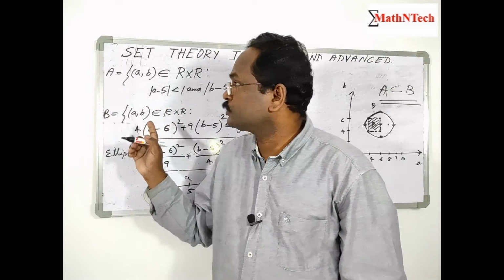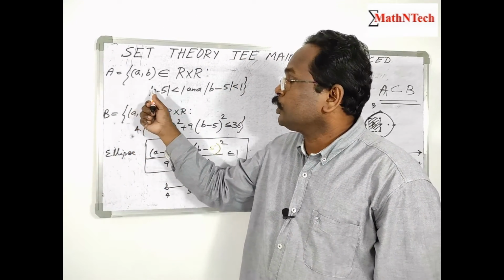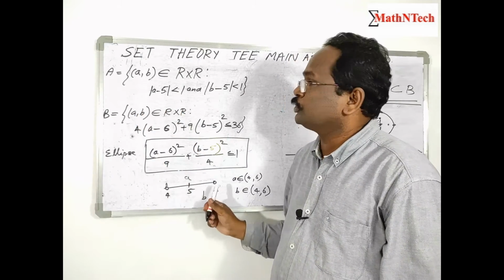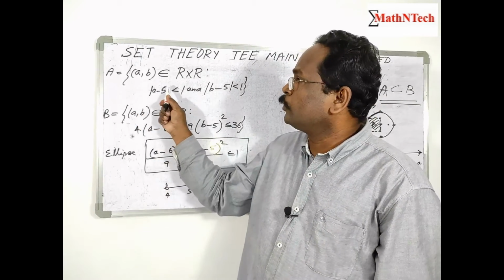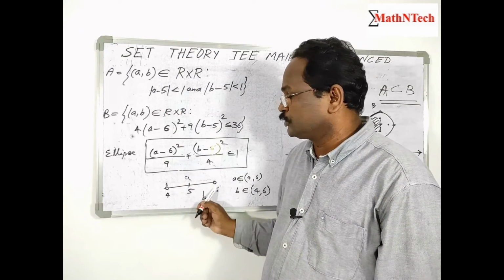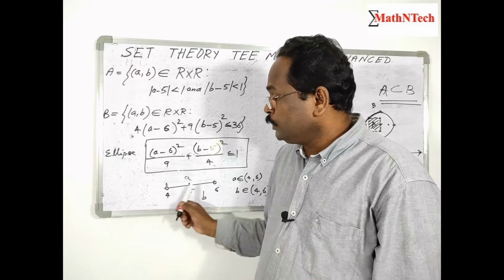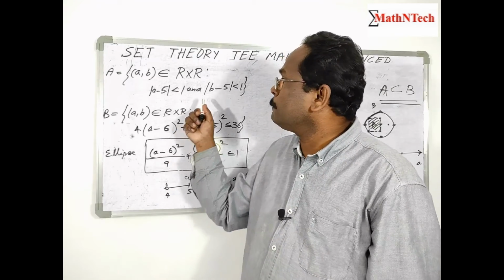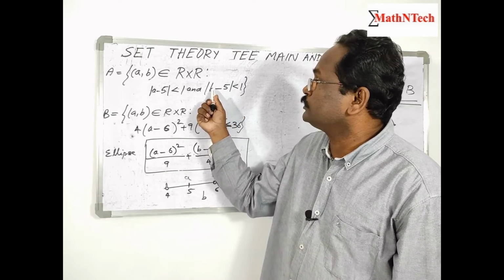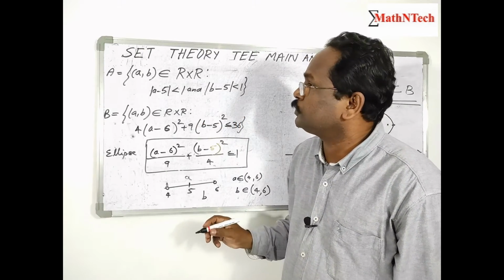So once again, note the answer. Modulus of A minus 5 less than 1 means A lies between 4 and 6. Why 4 and 6? 5 plus 1 is 6, 5 minus 1 is 4. Because it is less than, 4 and 6 are not included. Between 4 and 6. Similarly, B minus 5 magnitude less than 1 means B lies between 4 and 6.